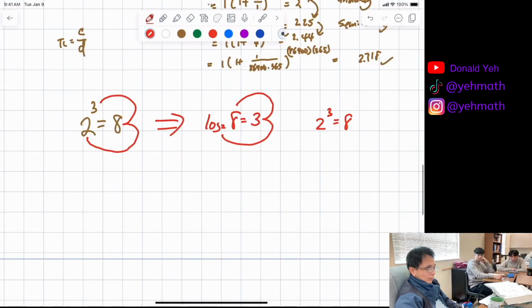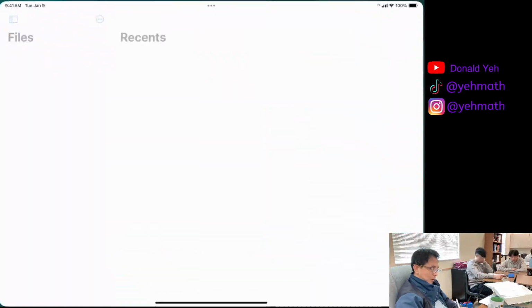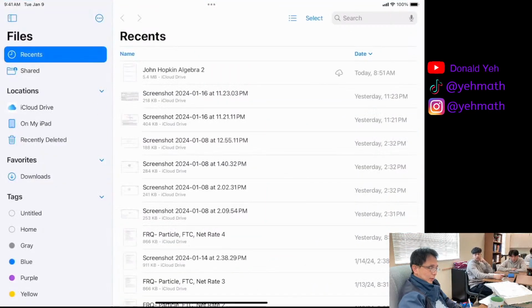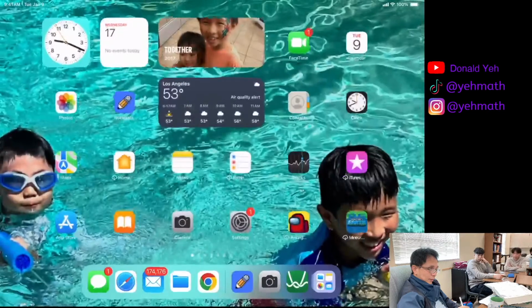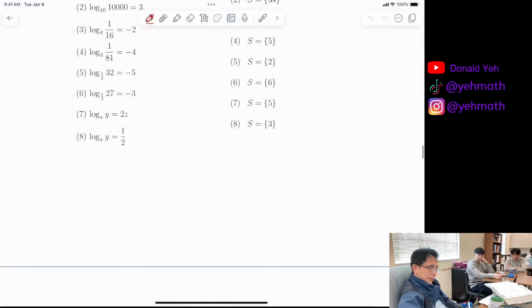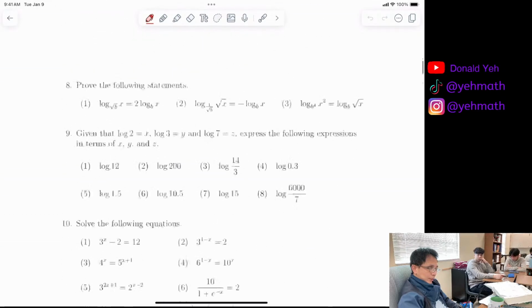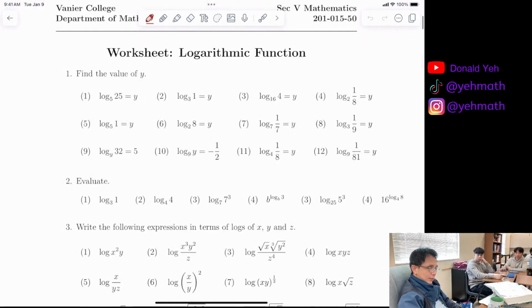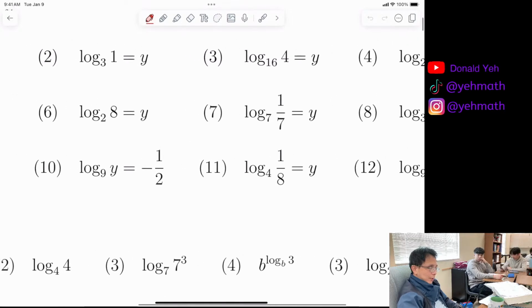Okay, let me show you how the problem is going to look. There's an answer in the back here. Very popular worksheet.